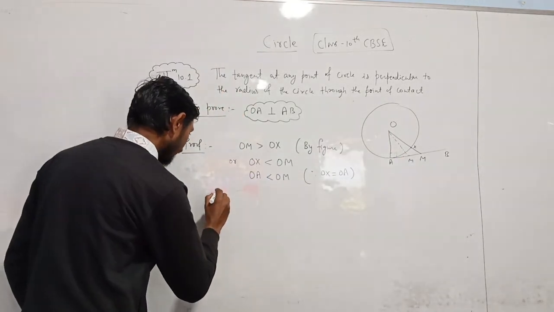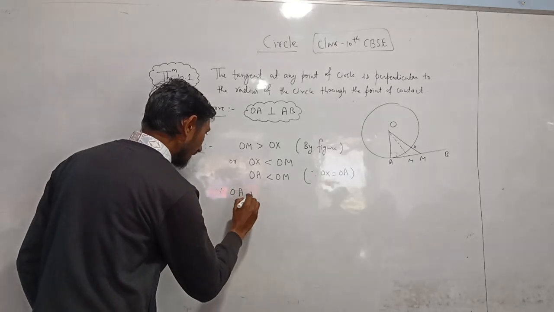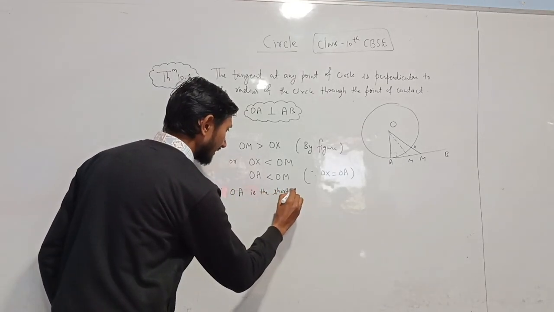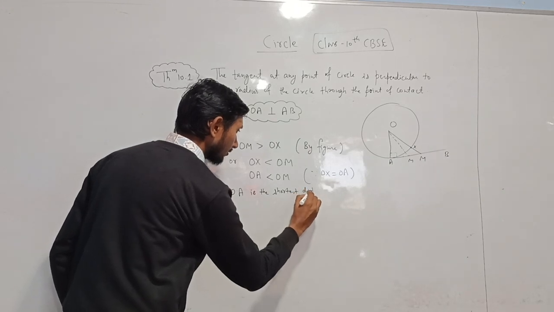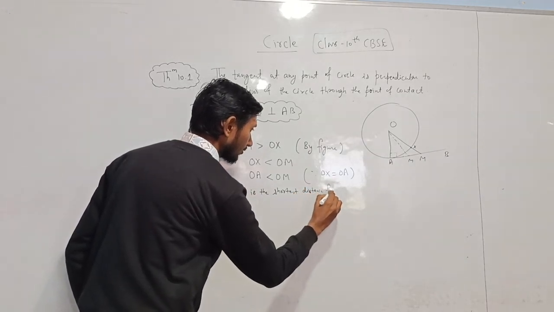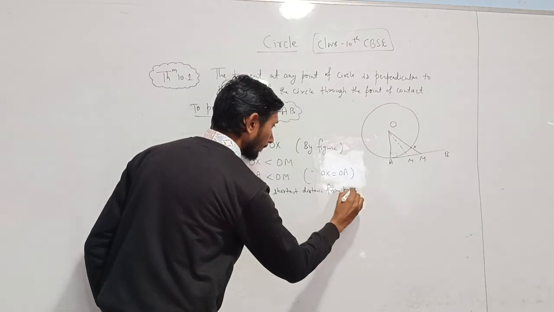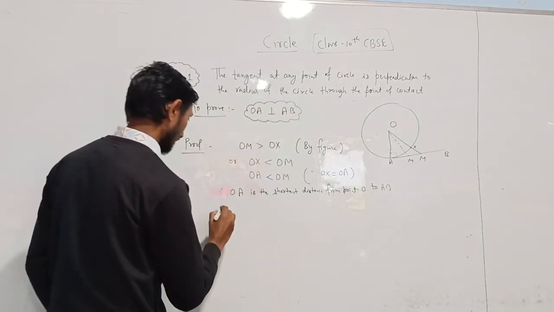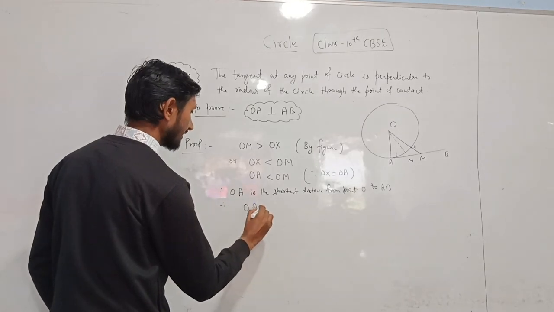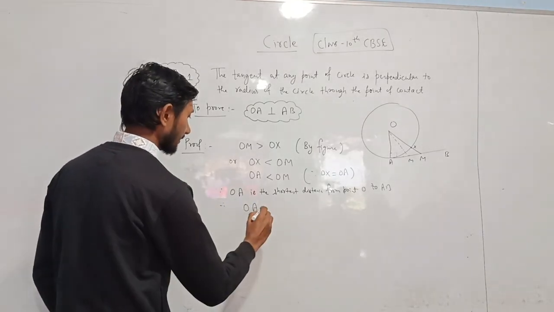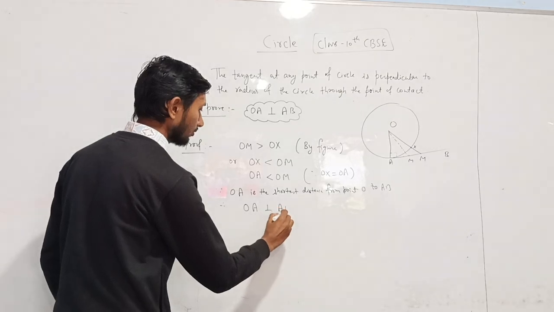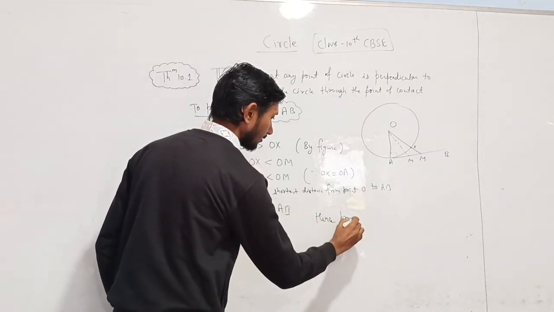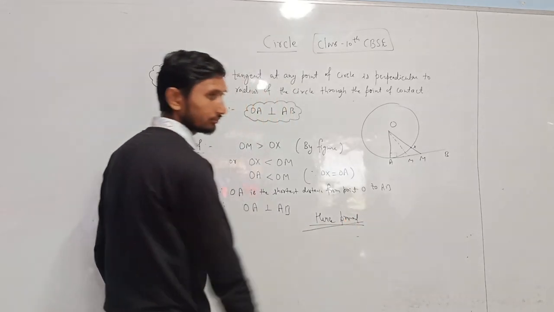So since OA is the shortest distance from point O to AB, therefore OA is the perpendicular distance. So OA is perpendicular to AB. Hence proved. Okay.